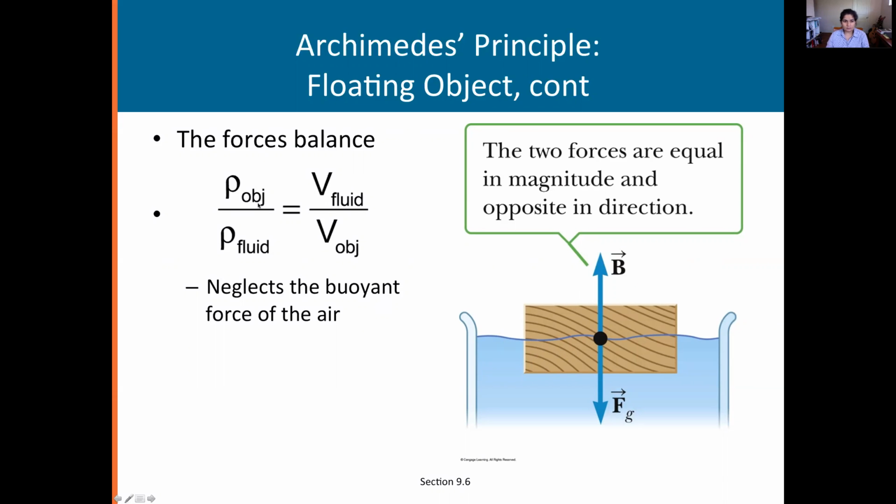So the density of the object and the density of the fluid are in a ratio equal to the volume of the fluid divided by the volume of the object. So there's an inversely proportional density and volume relationship. Then we have mg, the object's downward weight, being equally balanced by the buoyant force upwards.